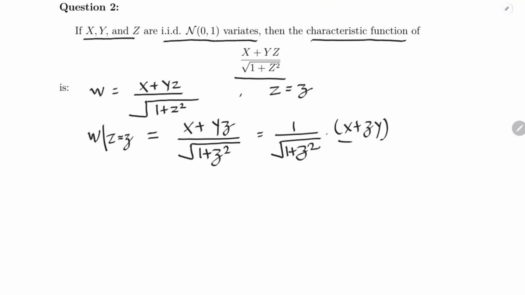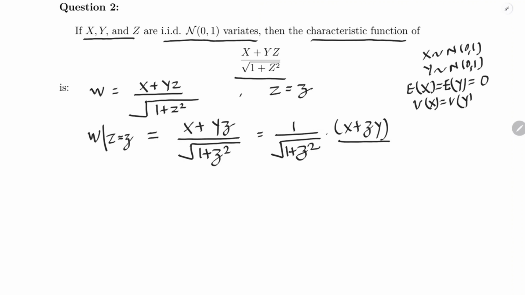Now focus on this quantity here. X follows normal 0, 1, and Y follows normal 0, 1. So the expected value of X and the expected value of Y are both 0, and the variance of X and the variance of Y are both equal to 1.